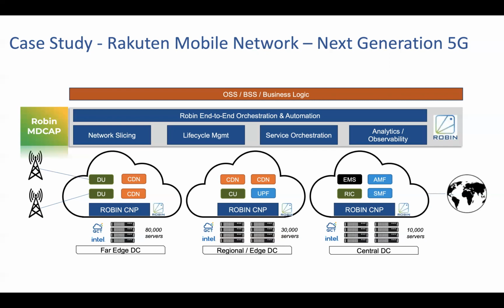This is one example of the clusters, and with the automation and service orchestration lifecycle management, MDCAP would manage that, but the individual CNP cluster will be able to monitor and manage the cluster with open source Prometheus and Grafana for health and monitoring of the cluster for operations purposes as well.